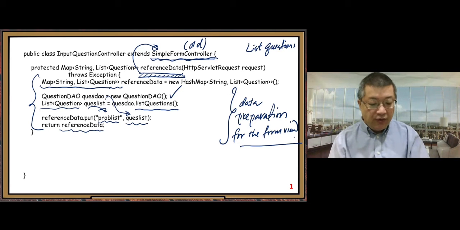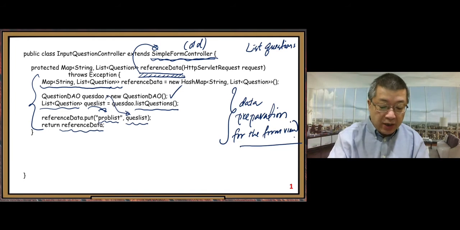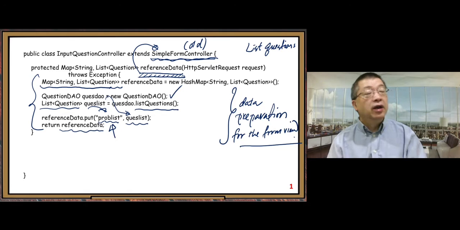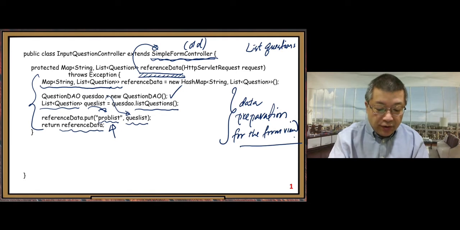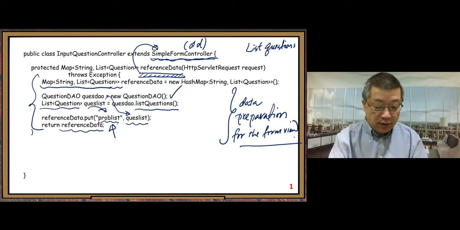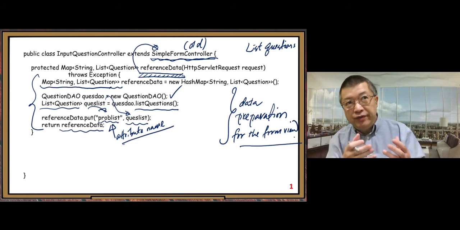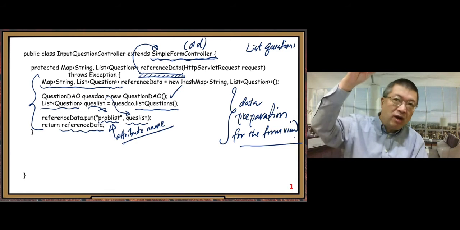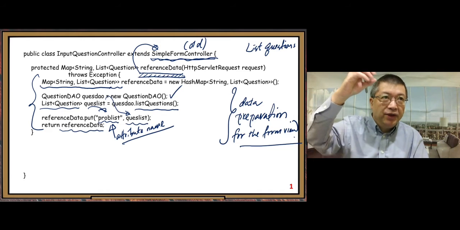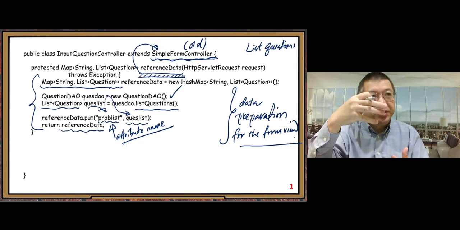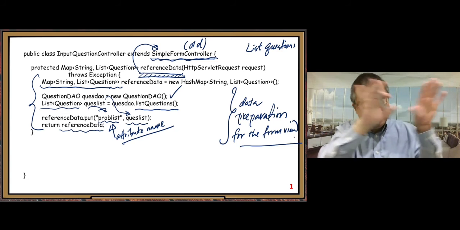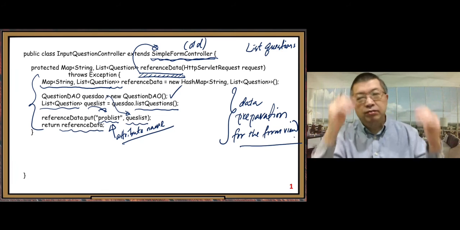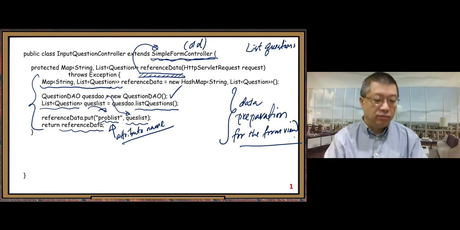When the form view page is rendered, because you have the data under this attribute name, prob list, that's the attribute name, you can use that to retrieve the data, that is a list of Java beans. Then you use a for each loop to display row by row. So that's simple.